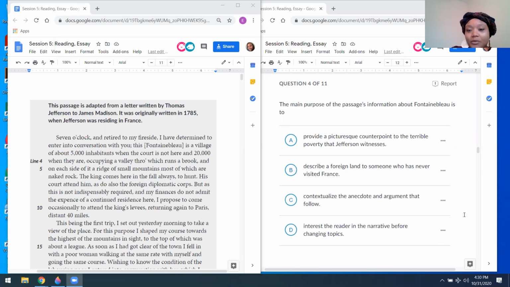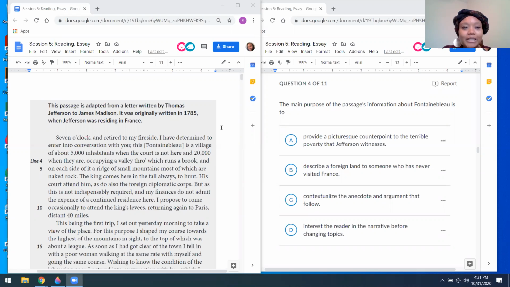Or D, interest the reader in the narrative before changing topics. I don't see how that really interested anyone. Well, this passage is pretty boring, so nothing is really interesting about it. But again, this answer choice can be answered by the general vibe we established when we read the first paragraph.